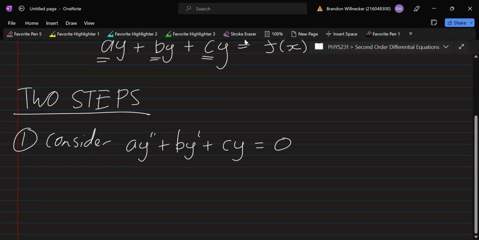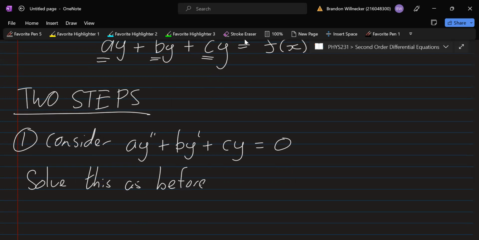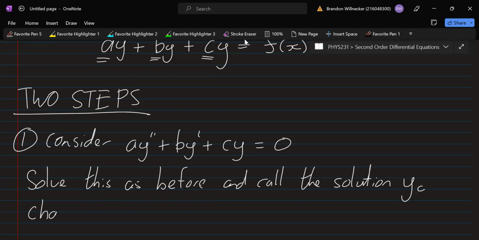So for the first step, we ignore the right-hand side and solve it as before, as if we were given the homogeneous case, and call the solution yc. We call this the characteristic solution.